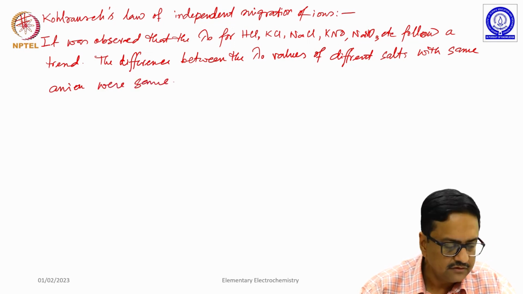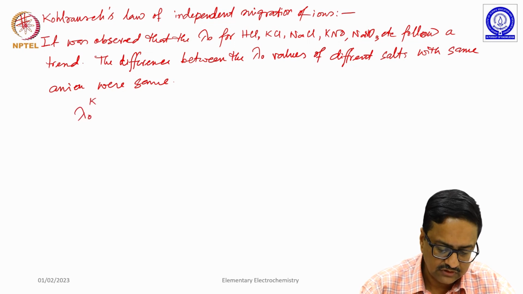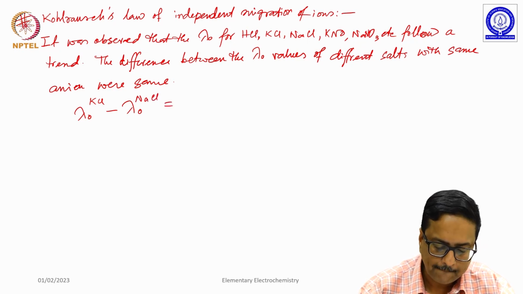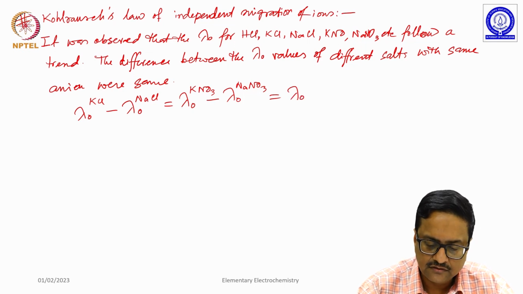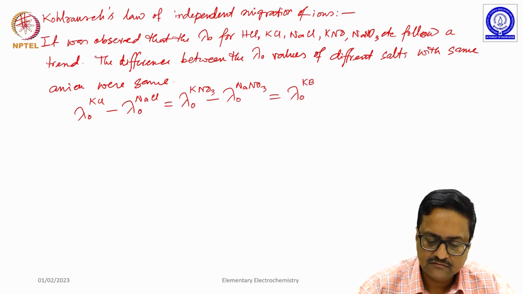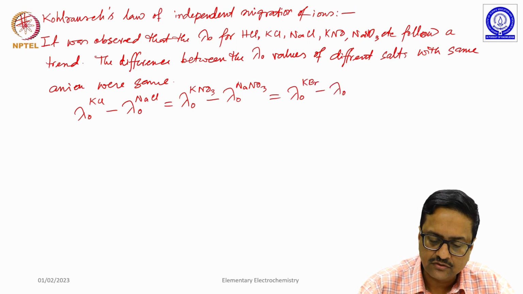That is, lambda 0 KCl minus lambda 0 NaCl is equal to lambda 0 KNO3 minus lambda 0 NaNO3, equal to lambda 0 KBr minus lambda 0 NaBr.